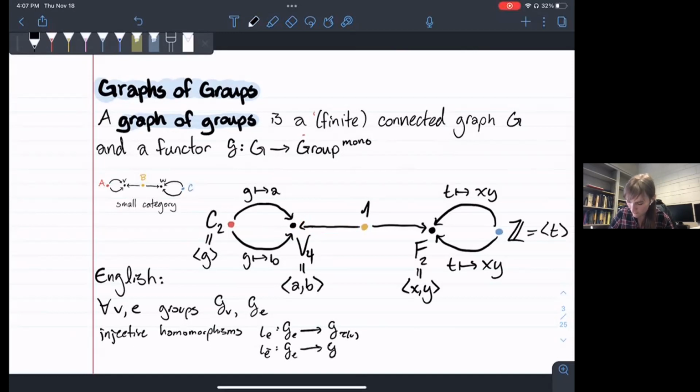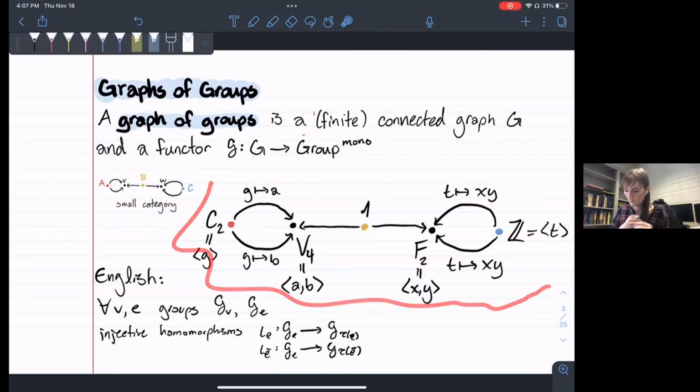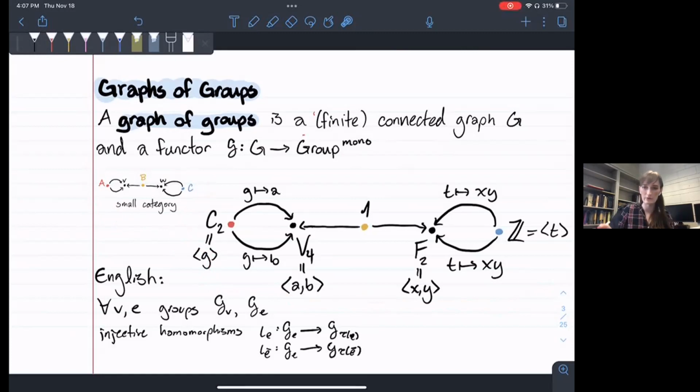I'm writing tau for the terminal vertex, and I'll write tau E bar. Sorry, this should be iota E for the initial vertex. So here was my small category from the previous page. And what I've described for you in this big figure is a graph of groups.